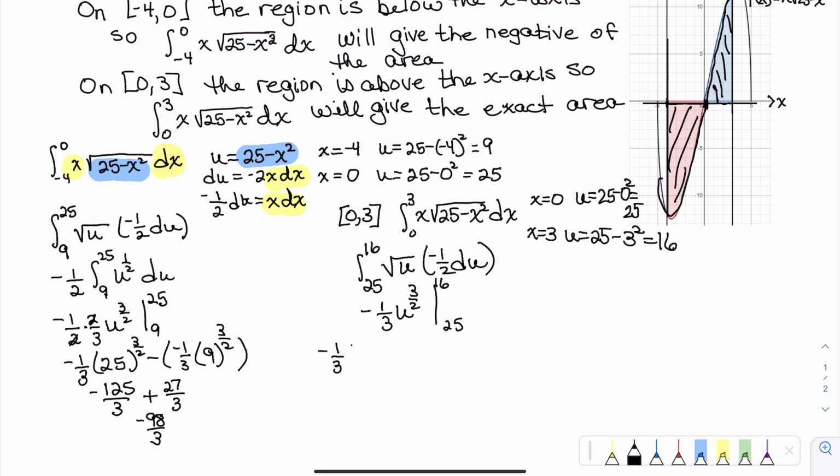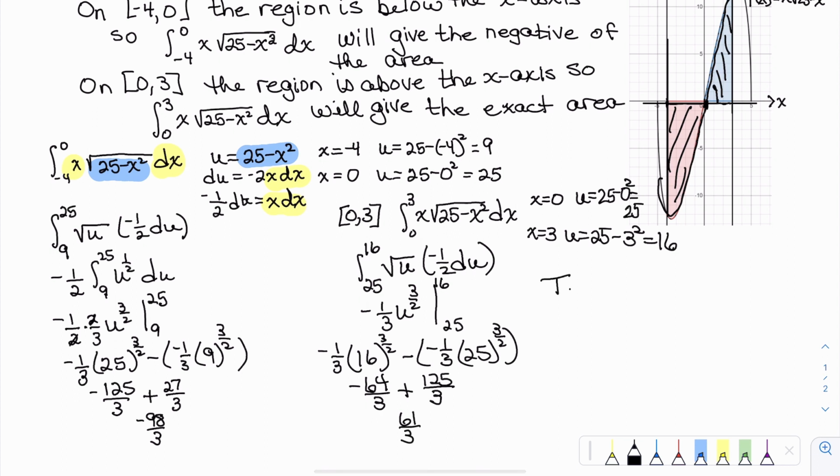I have negative 1/3 times 16 to the 3/2 power minus a negative 1/3 times 25 to the 3/2 power, and that gives me, well, the square root of 16 is 4, 4 cubed is 64. I have negative 64 thirds plus, and then the square root of 25 is 5, 5 cubed is 125. So that gives me 125 thirds. And then my negative 64 thirds plus 125 thirds gives me 61 thirds.